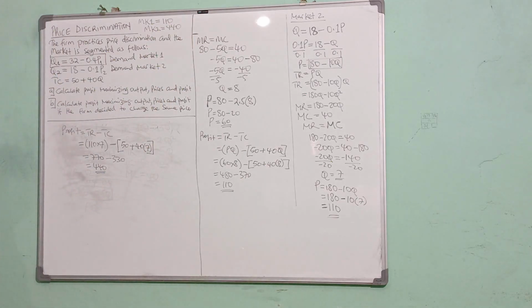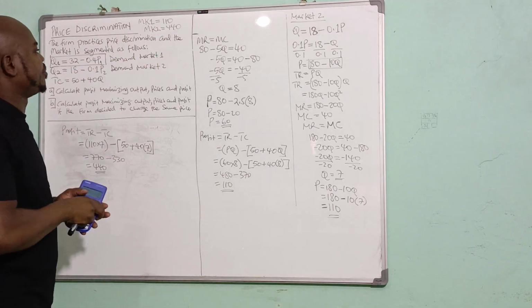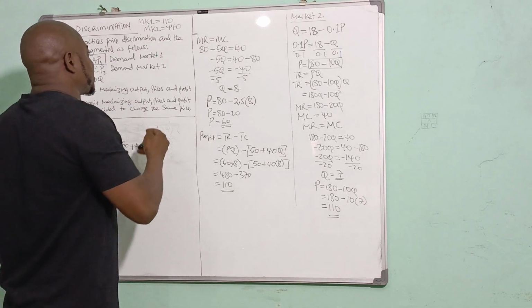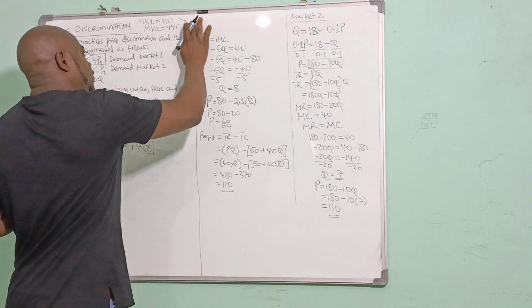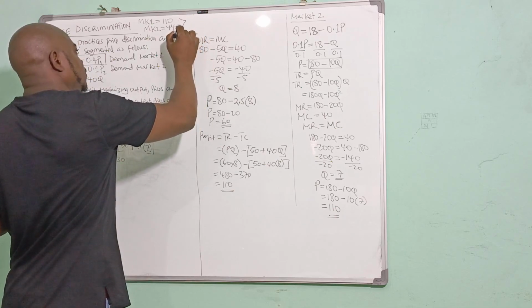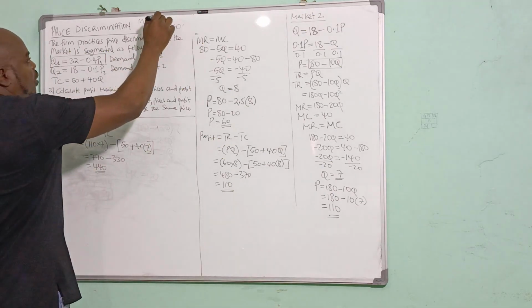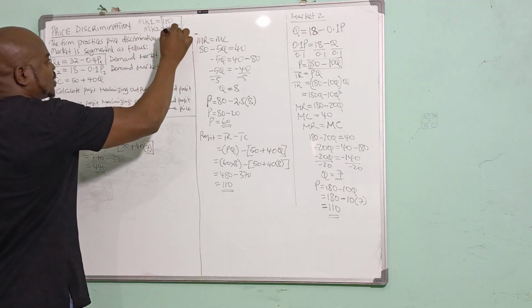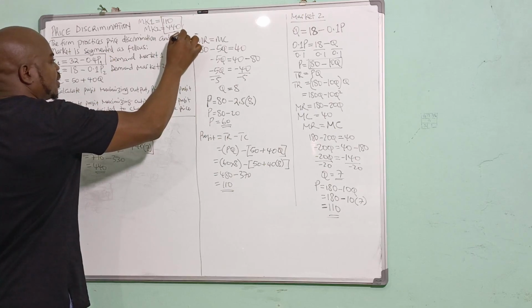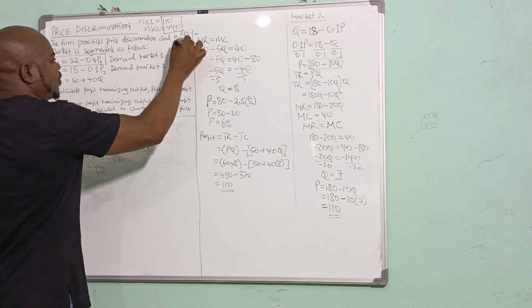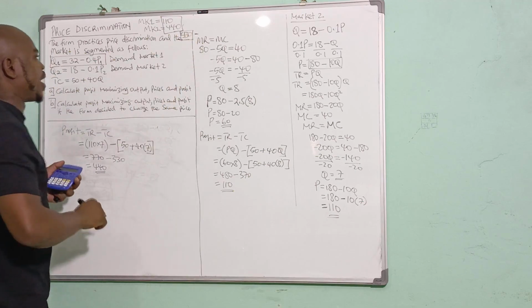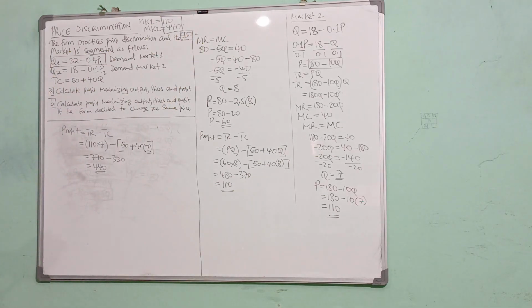All right. So the total profit, if we are practicing price discrimination, is basically 550. 440 plus 110, that's it. 550, if we are practicing price discrimination.